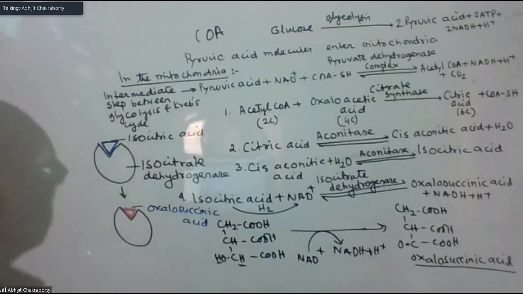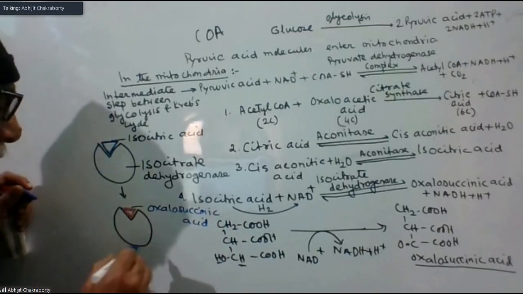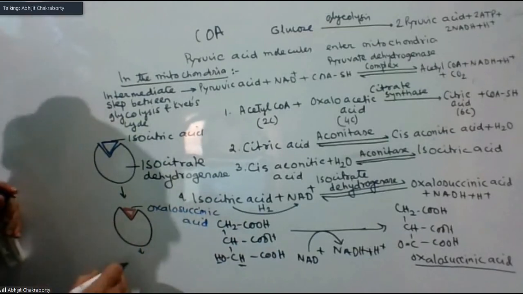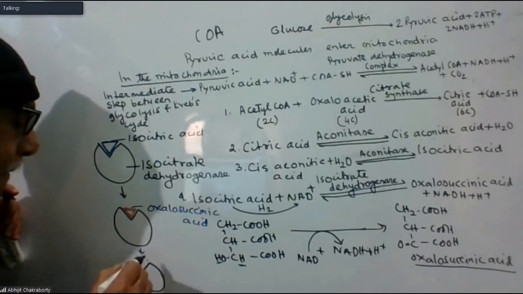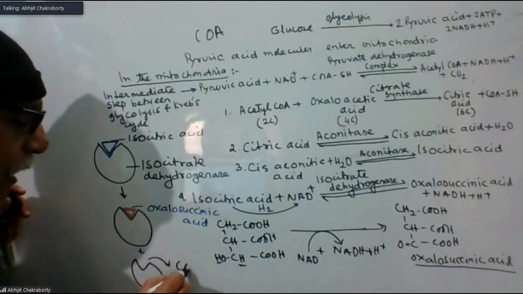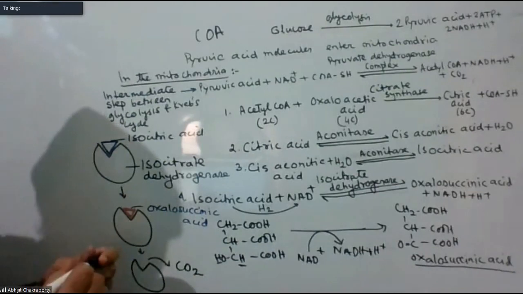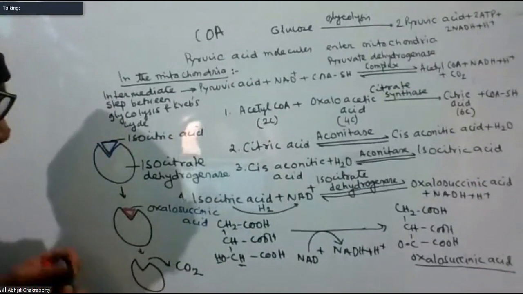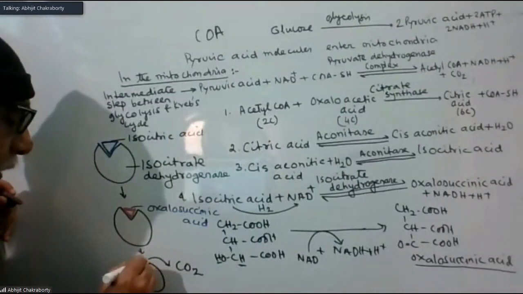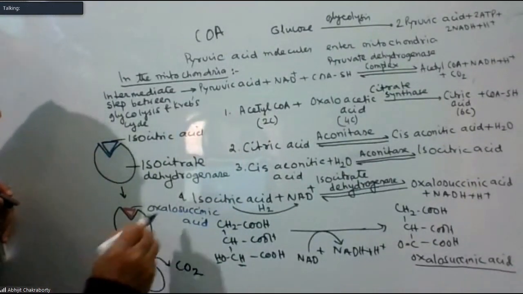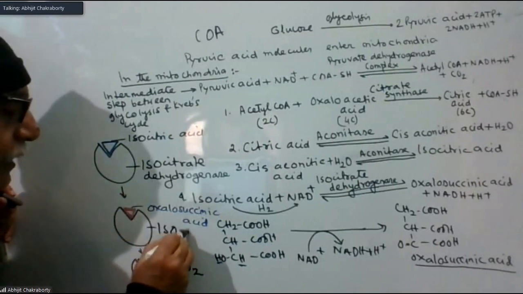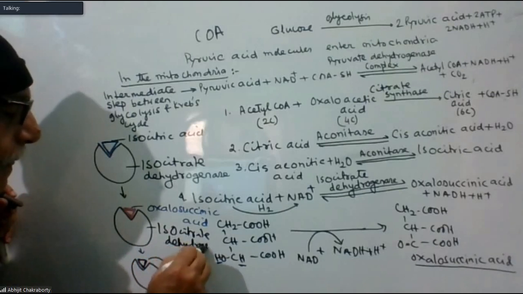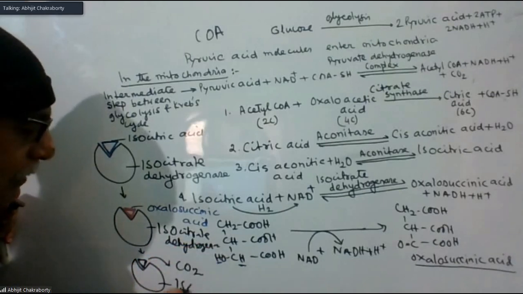And before leaving the active site of this enzyme, a molecule of carbon dioxide is released, and the product now becomes alpha-ketoglutaric acid. So all these steps are by the same isocitrate dehydrogenase. It is also isocitrate dehydrogenase.